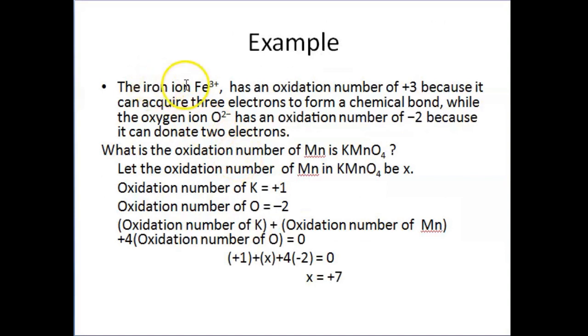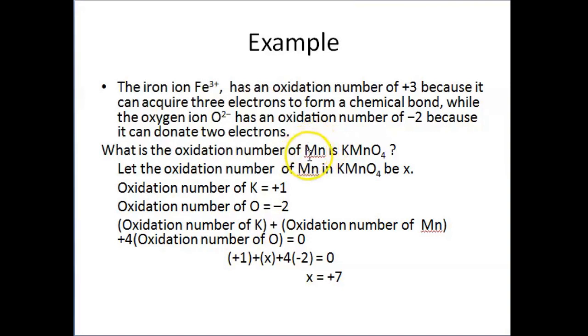The ion Fe3+ will have an oxidation number of +3 because it can acquire 3 electrons in order to form a chemical bond. But the oxygen ion, that is O2-, will have an oxidation number of -2 because it can donate 2 electrons. So suppose we are asked to calculate the oxidation number of Mn in KMnO4.